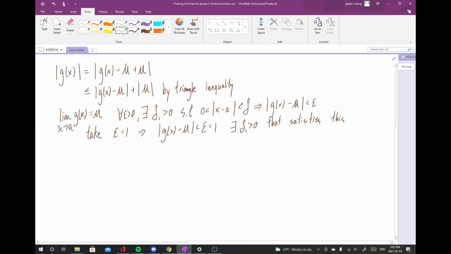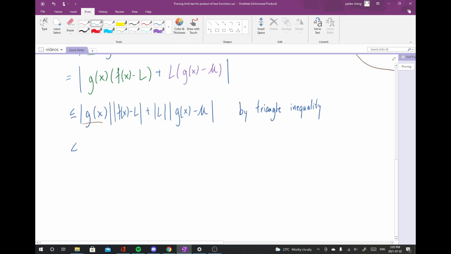Now, if we were to plug this back into what we had for g of x, let's take our arrow. This is strictly smaller than 1 plus absolute value of m. Right? Because we have absolute value of g of x minus m smaller than 1. Okay, now that we've confirmed that the absolute value of g of x is smaller than 1 plus absolute value of m, let's continue writing this down.